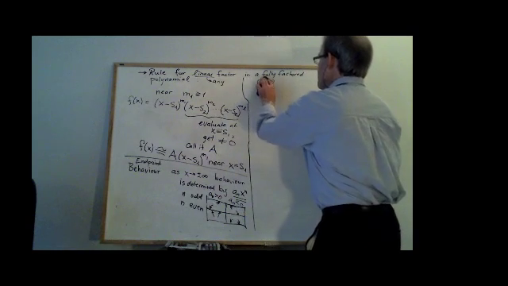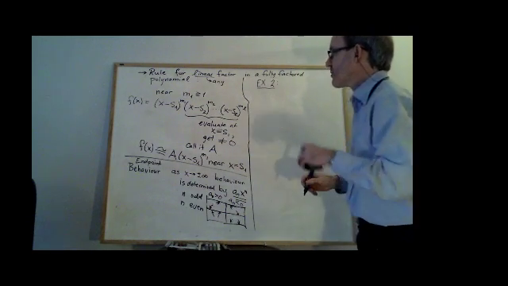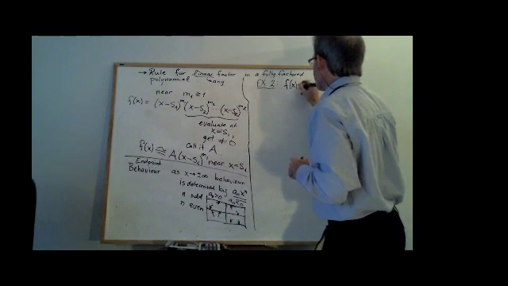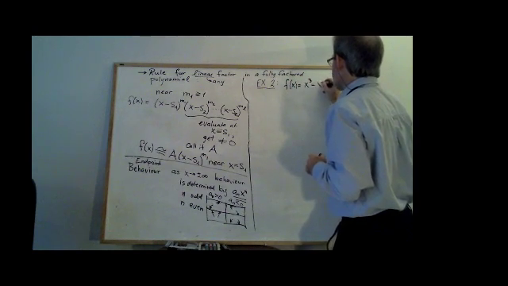Okay, call this example 2. Sorry, I didn't label the previous example 1 before. Okay, so this one is f of x equals x cubed minus x.